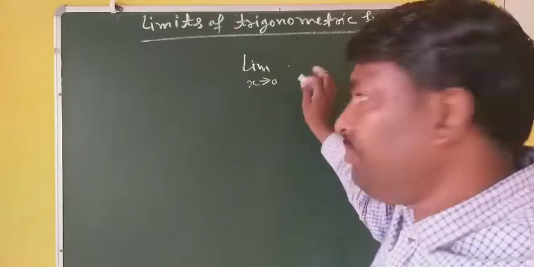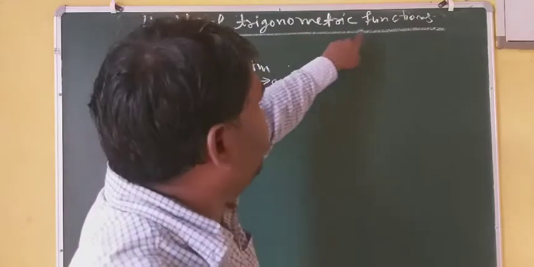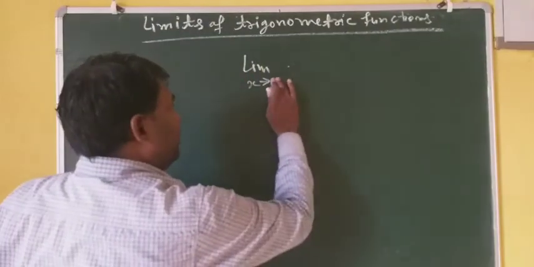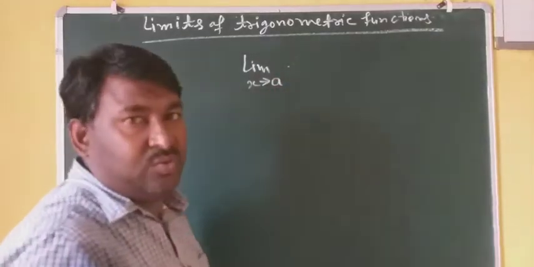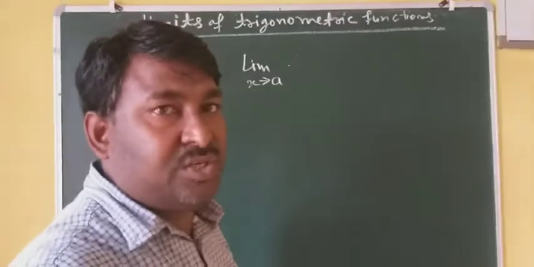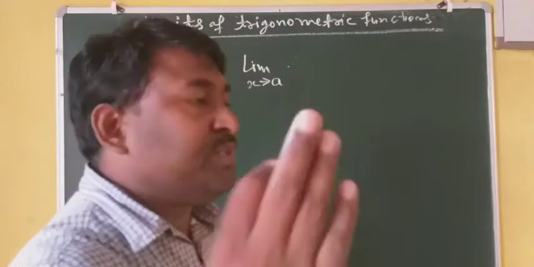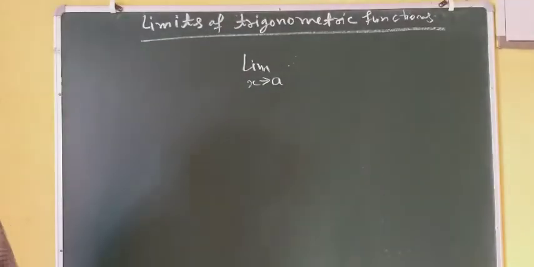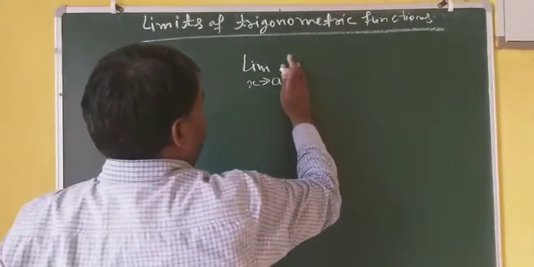But here I am going to explain limits of trigonometric functions when x tends to a, for values like x tends to pi, x tends to pi by 2, x tends to 1 by 2, something like that. So I would like to explain how you will perform it.